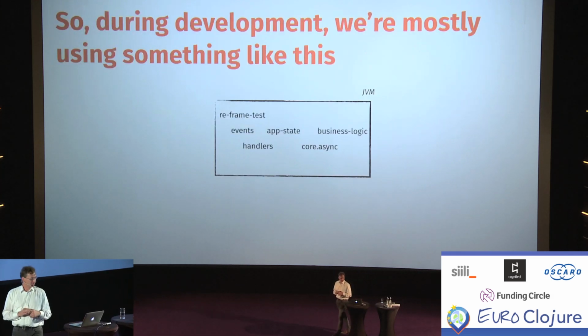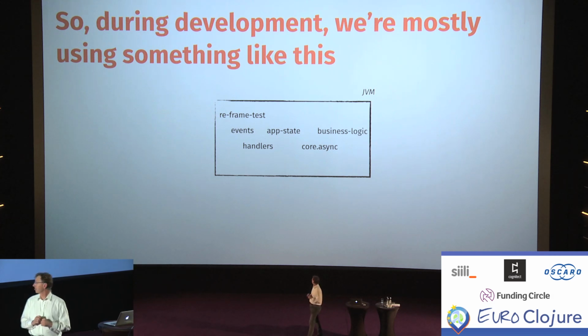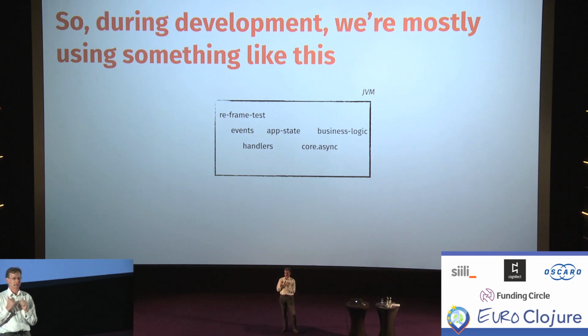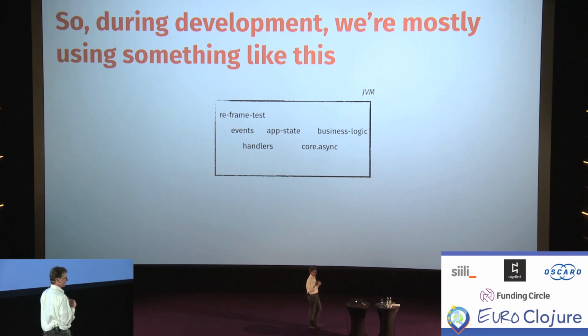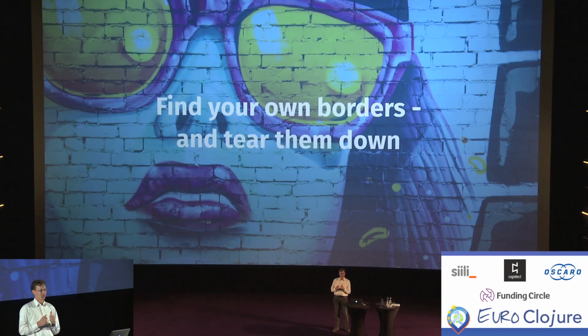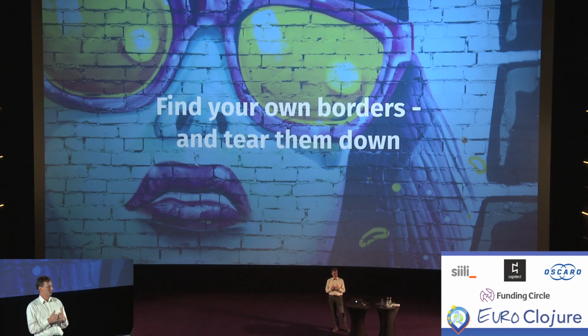So during development, this is actually what we see as developers, and this is actually what I want to see. And I really doubled my speed, because I would like you to find your own borders and tear them down.